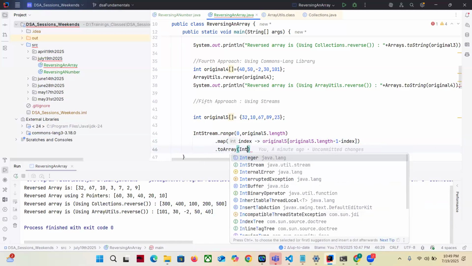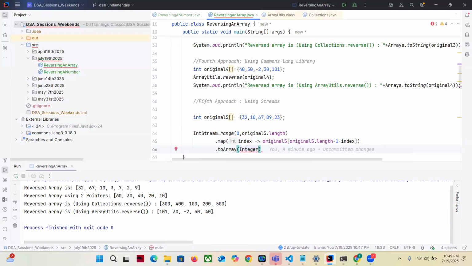I want to store this in an integer array. So let me use a method reference.